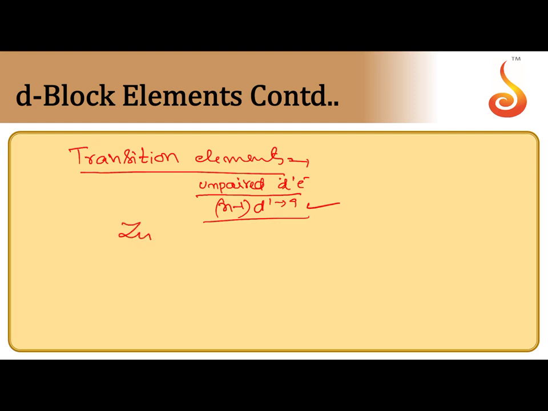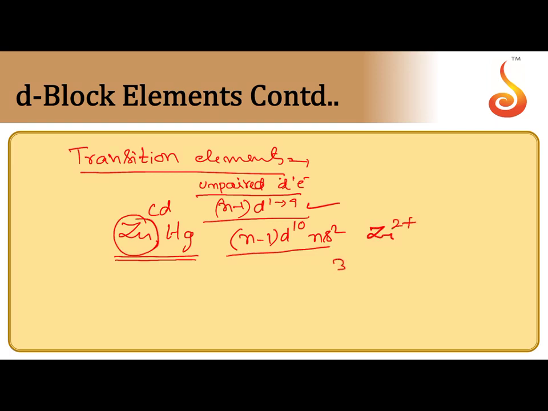If you take the 12th group, zinc, cadmium and mercury, in these elements the n minus 1 d is completely filled with 10 electrons, ns2. That is why even in their stable oxidation state like Zn2 plus, the 3d10 electronic configuration is there.